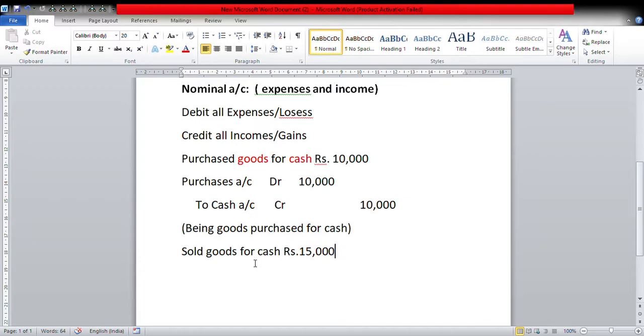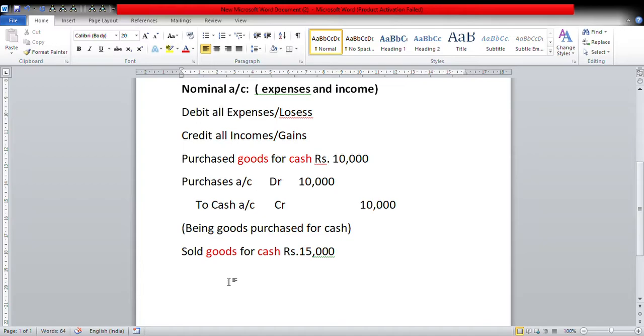Now coming to the second question, what are the accounts included in the given transaction. The first one is the goods account, and the second one is the cash account. Once the accounts are identified, you should also be able to tell under which particular account they are to be taken.